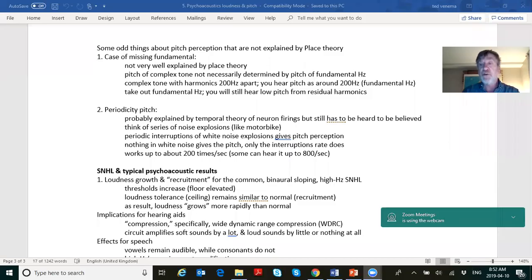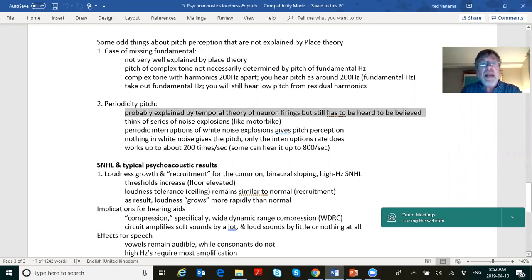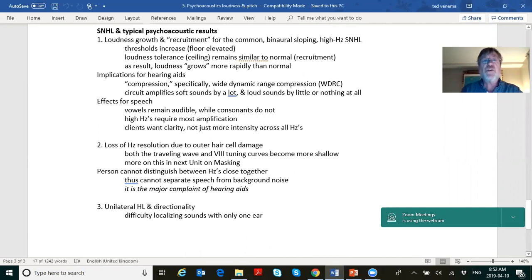All right, share screen again, and now we can wind our way down toward the end of our Zoom session. Let's finish our session today with a discussion about three main things with psychoacoustics and sensory neural loss. Some of these we've described, but let's make sure we highlight these three things.